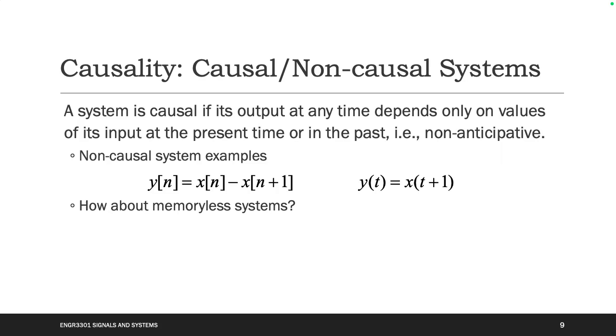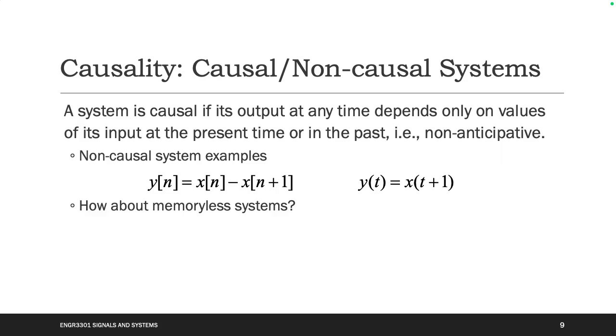How about the memoryless system? Actually, I think Matthew is right. You just talked about the memoryless system. Is the memoryless system causal or non-causal? Yeah, it will be causal. Why? It only depends on the present time.